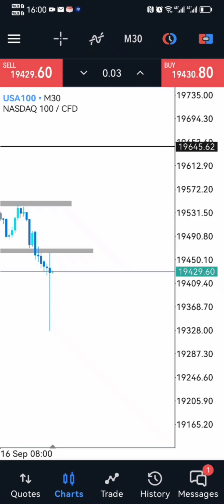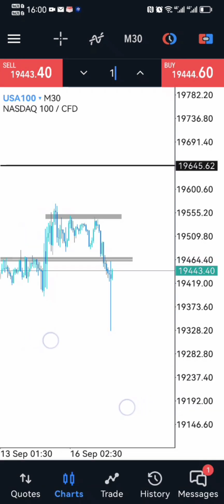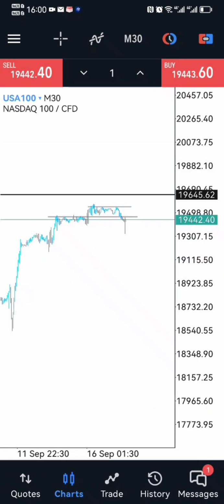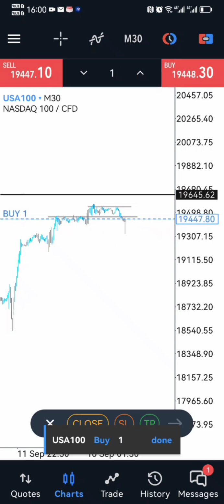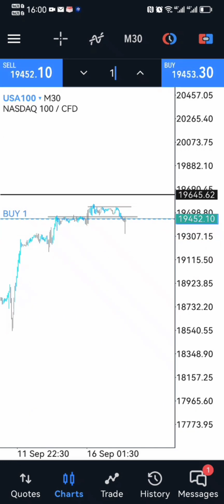Okay, yeah, looks like the candlestick is closed, so it's 4 o'clock now, and we'll just take a buy for NAS. We'll go heavy with this one, guys. I'm actually gonna go lot size one with this one, and then I'm gonna say buy. So this is a heavy risk. It's a high risk trade.